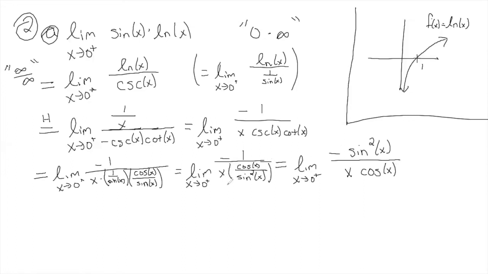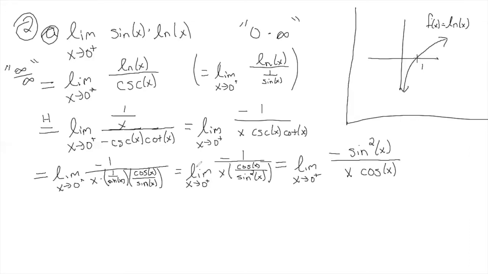Because I have a fraction on the bottom, and you can just move the x up to the cosine term here. Remember that I have the top divided by the bottom means that I take the top, flip the bottom, and then multiply, right? So I just sort of bring that guy up there, and I have my negative sine squared.